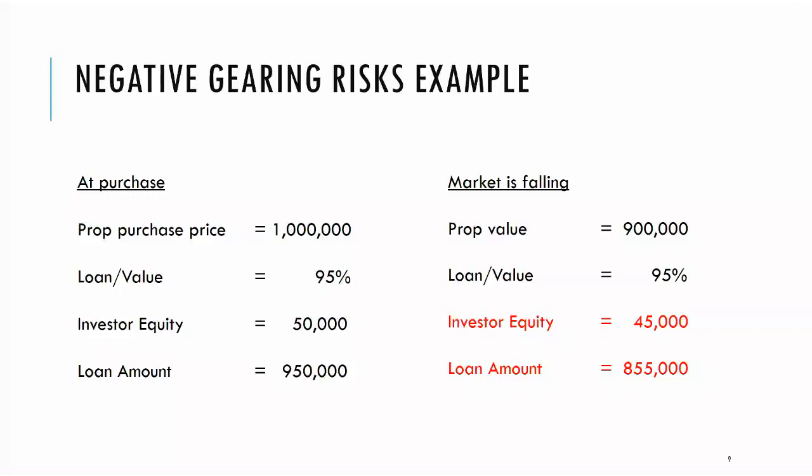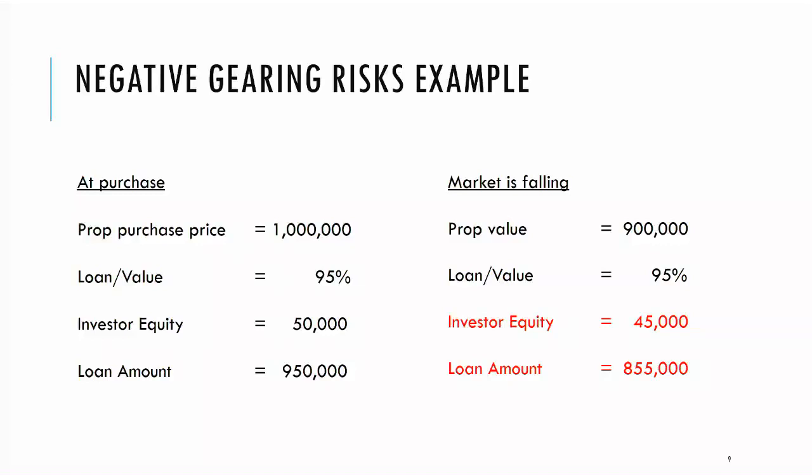You have borrowed 95,000 more than you are allowed. So the bank will say you have to give 95,000 because we have to restore the loan to value ratio. Pay more equity to reduce the loan. Pay 95,000 to the bank as equity. If you can't pay the extra 95,000, then the bank will sell your property.